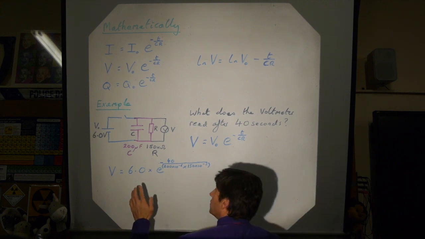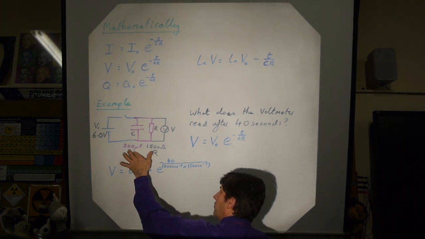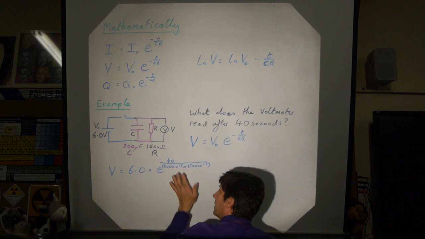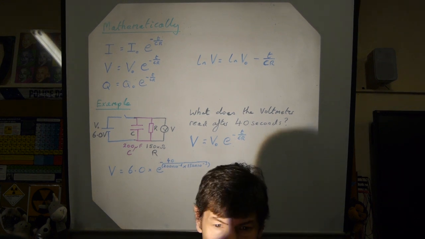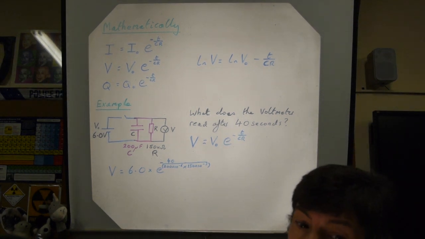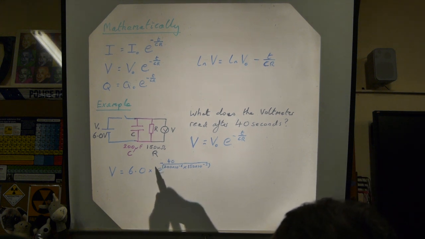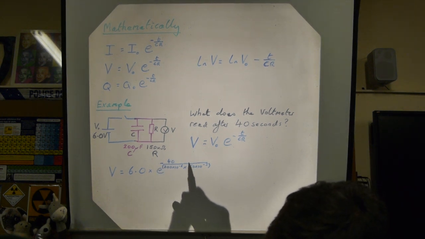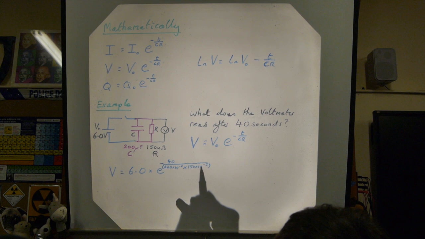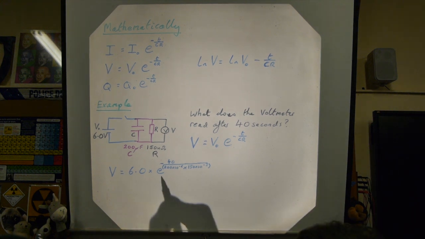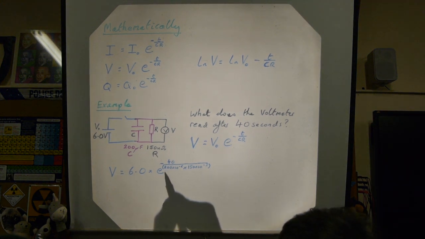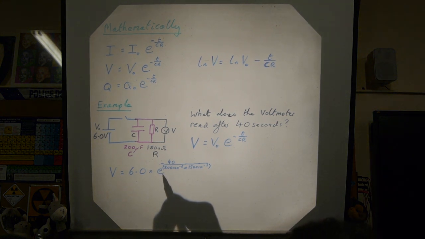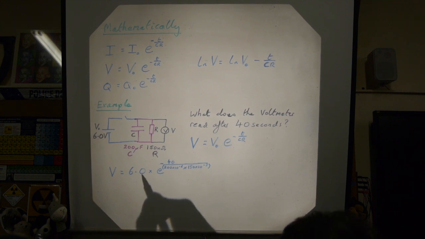And the other thing that goes wrong at A level is you forget the micro and you forget the kilo. If you bash that out, you find that this slot up here comes out as minus, I think, 1.3 recurring. Then when you raise e to the power of it, I think you get about 0.26. So that's smaller. Yeah, 0.26 times that.